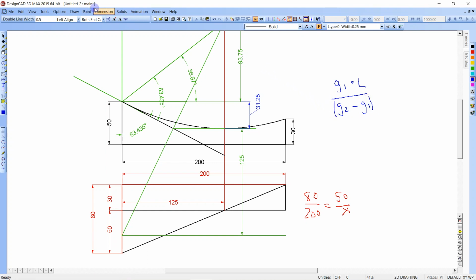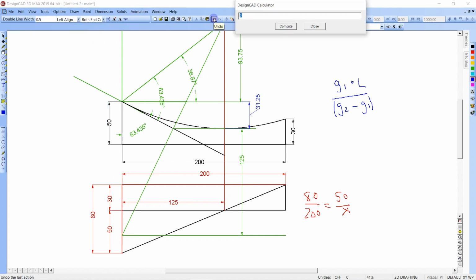And then let's just do that in the draw tools calculator. 50 times 200 divided by G2, which is 30, minus negative 50, which is plus 50, and copy paste.